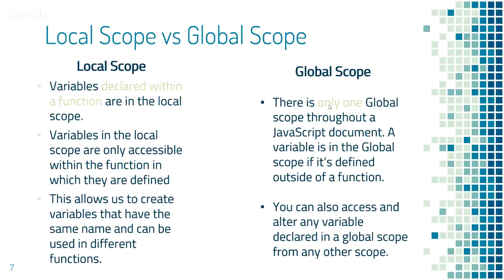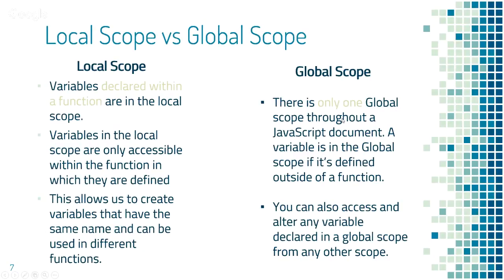Remember, the ones defined inside a function are in the local scope of that function, whereas if they are defined outside of the function, we have global scope. Also, these variables and the global scope in general can be accessed from any local scope, and as such, we can modify and alter variables in the global scope.